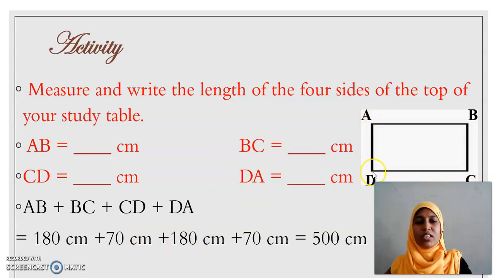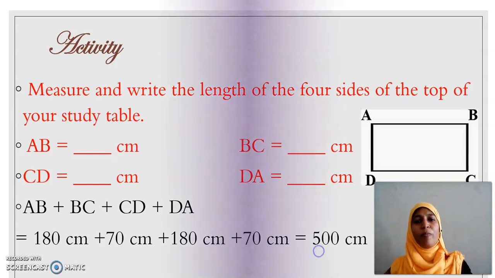If AD is 70 centimeter, what will be the measurement for the opposite side? Both are the same, no? They are not different. If they were different, the shape of the table would not be uniform. So I have 180 plus 70 plus 180 plus 70 is equal to 500 centimeter. Now we have measured the sides of the table.